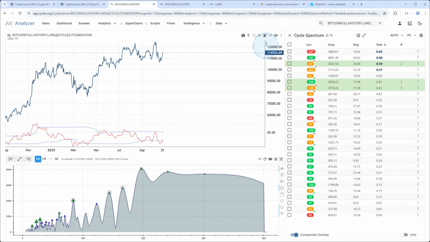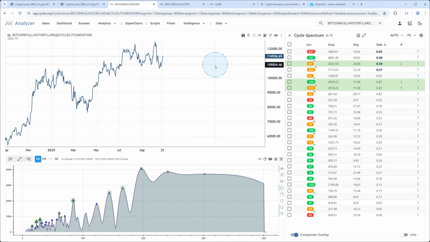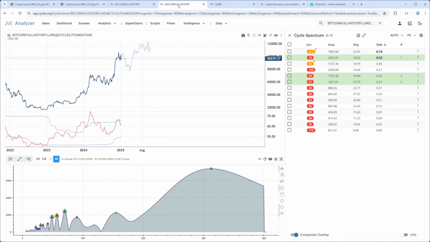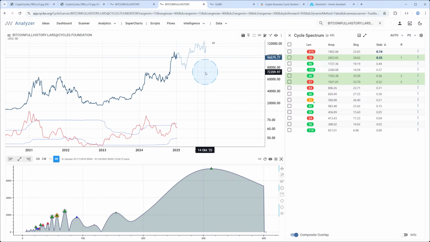is something which, from a research perspective, is really interesting. I told you that there is this nominal cycle around 200 days, right? So what we could do is we could set another resolution.